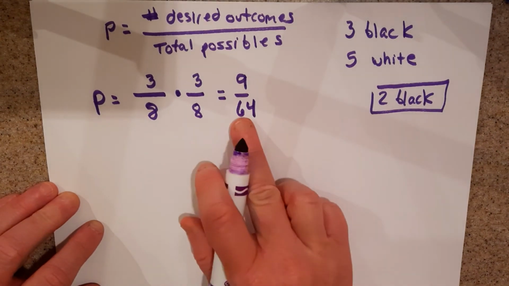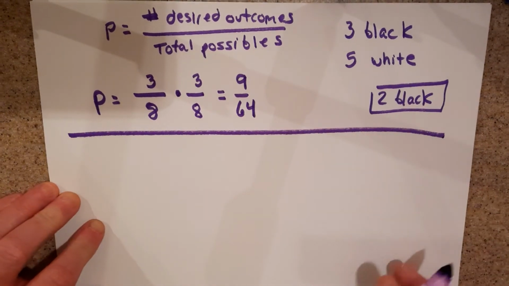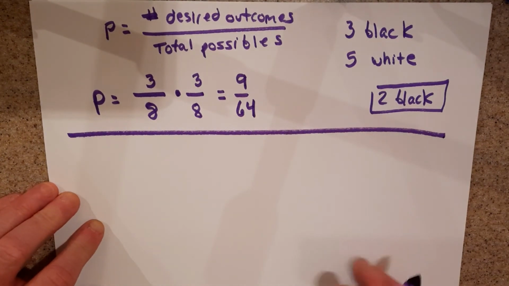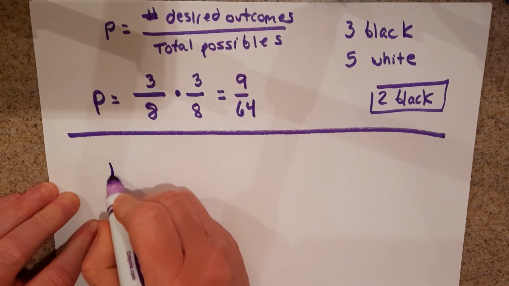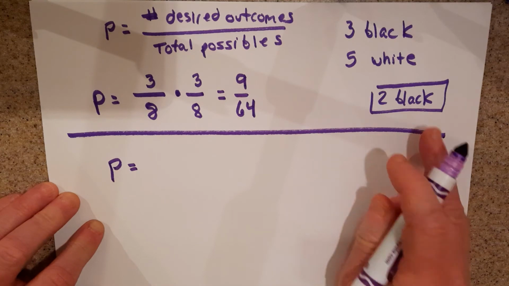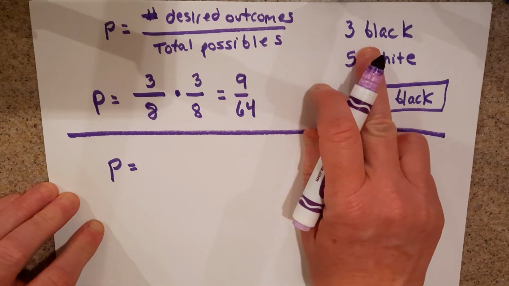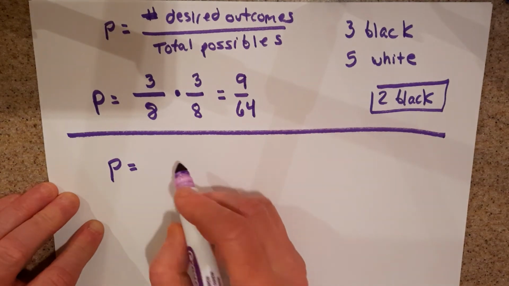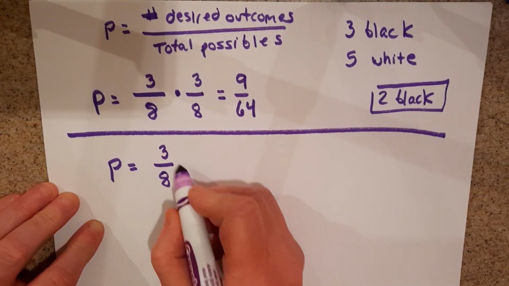Okay, so now there's a different set of problems. Let's say we do this same probability problem again, only this time when we pull the first marble out, we don't put it back in the bag. So the probability of drawing 2 blacks in a row in that case is different, because the first time that you put your hand in the bag, the chances of pulling out a black marble is still 3 out of 8.